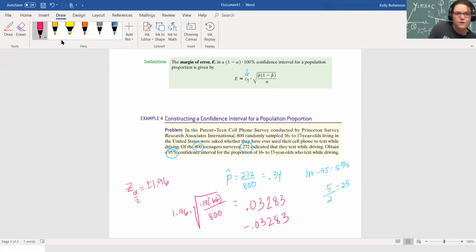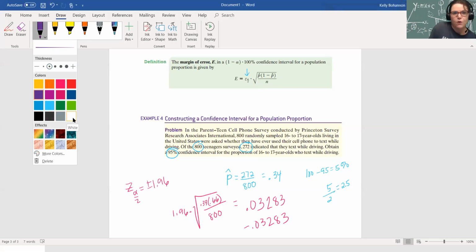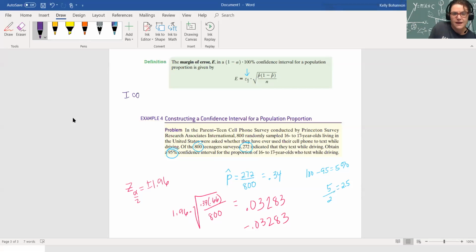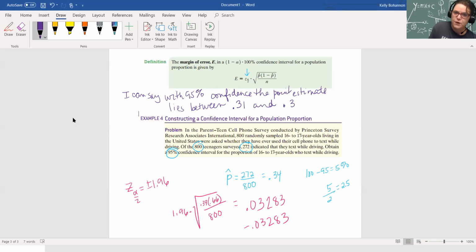And so my confidence interval, if you were writing the whole thing out, you would say, I can say with 95% confidence that the point estimate lies between, and let's just use 3% to make it easy, 0.31 and 0.37.